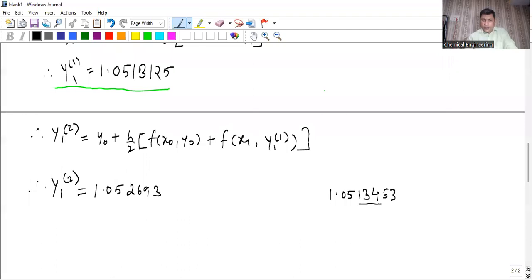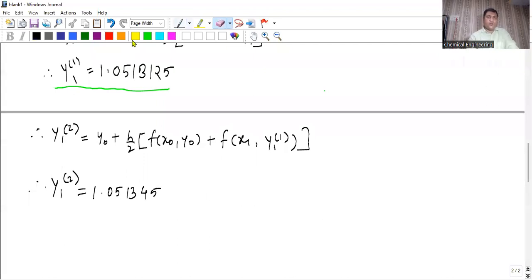You are getting this value, right? Yes, sir. Not this one. No, sir. Okay, so most of you are getting this value, right? Yes, sir. Okay, so we'll accept this value because most of you are getting this value.